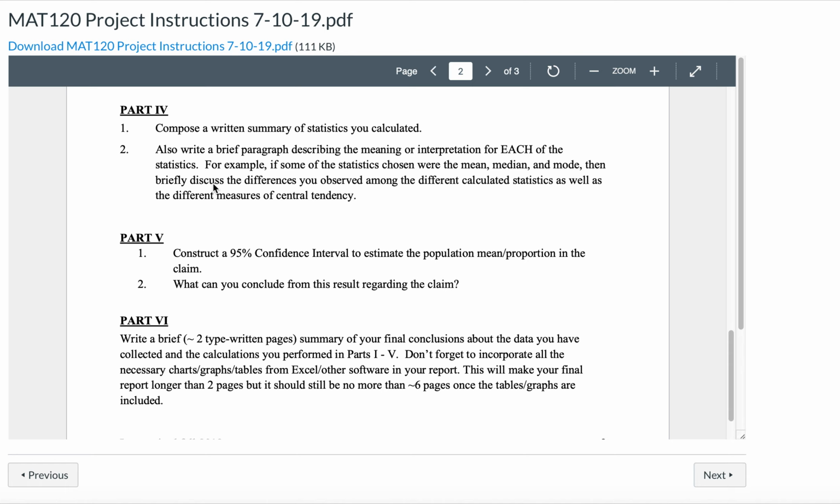I'm not looking for you to do anything incredibly technical. I'm just looking for you to take that export, put it into words, but also to look at what is the best measure of central tendency for any of the ones that you calculated. So if you did it on your claim question and then you did it on your follow-up question, so for instance, some people had a question about how many cars a household had, and that was their claim.